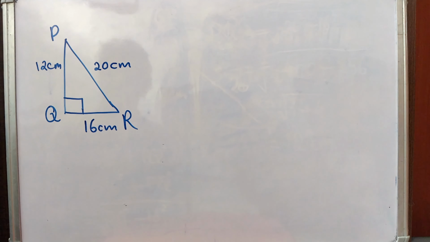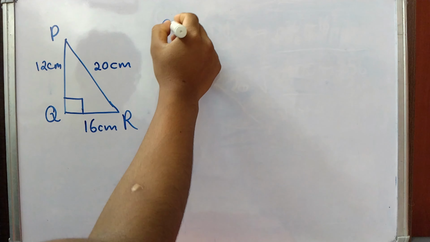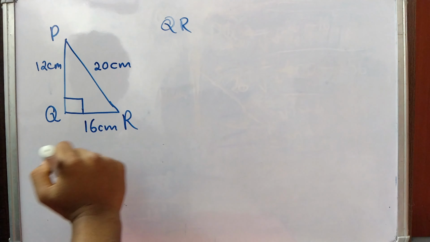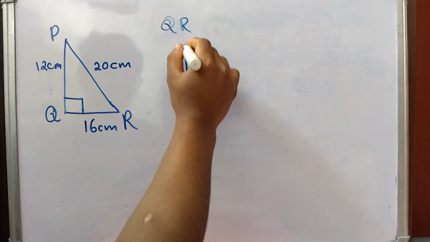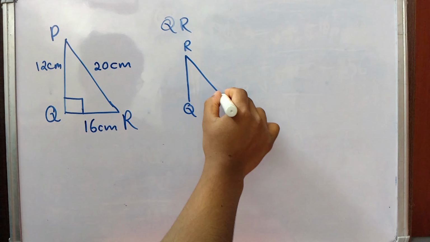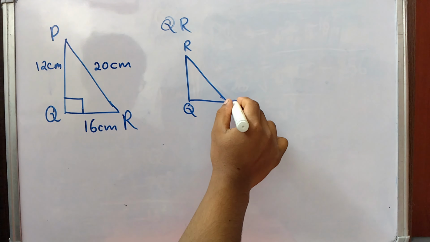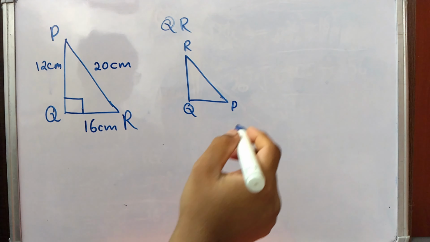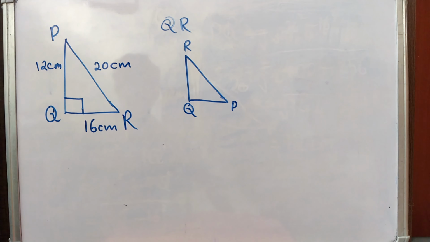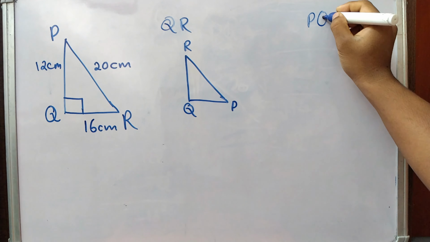So first we'll see the rotation about the line segment QR. Let this be the line QR. So this is our axis QR, and the other case is that PQ as the axis.